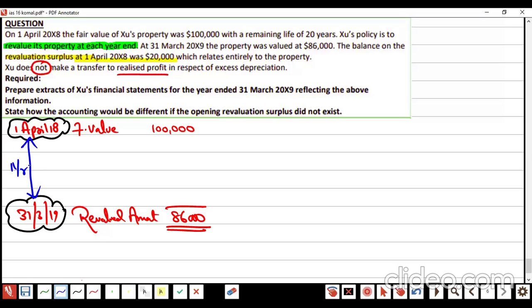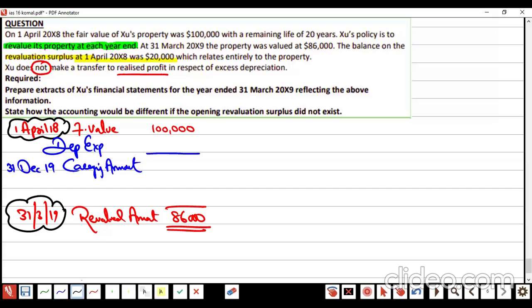Yeah, it's 1 year. So in order to match it, I need to charge only 1 year depreciation. Then I will add the carrying amount that will be on 31st of December 2019. Am I right? Yeah.